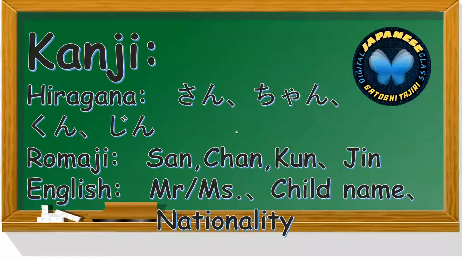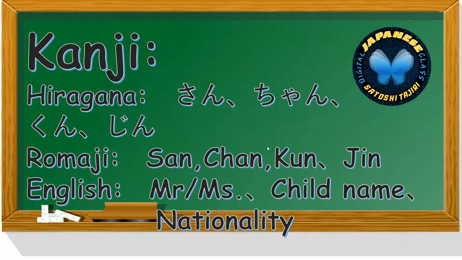So let's go with our suffixes. We have san, chan, kun, and jin. Let's go first with san. San means Mr. and Miss. Once you know their name, for example, I know my friend Takeshi, I call him Takeshi-san. Then for a child's name, for the younger ones, we use the suffixes chan and kun.